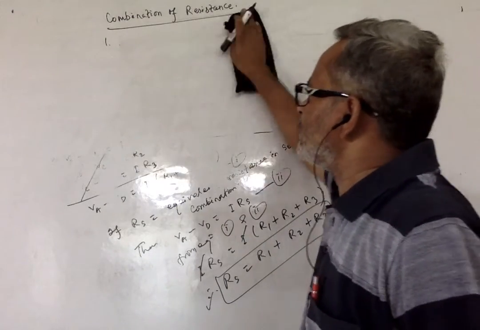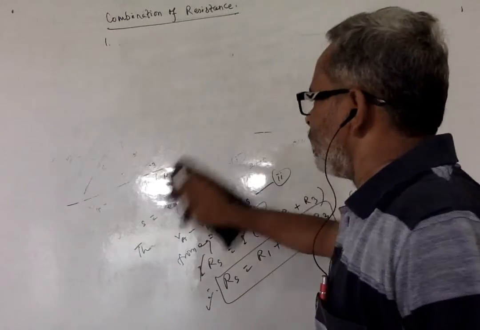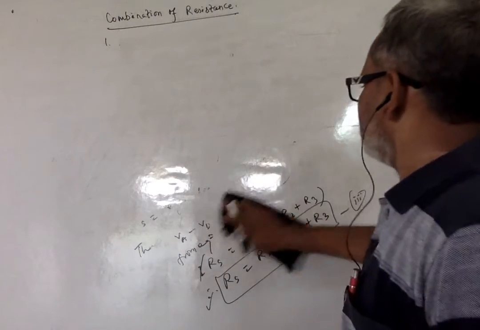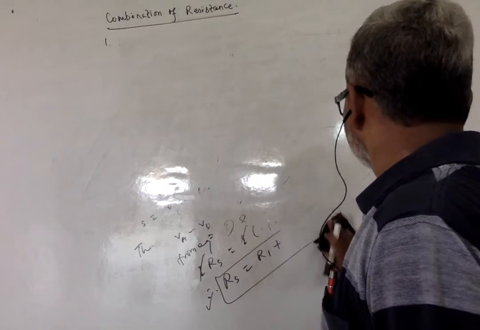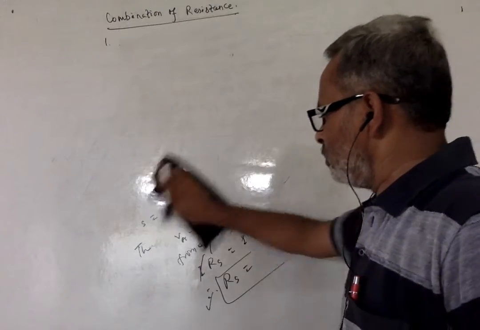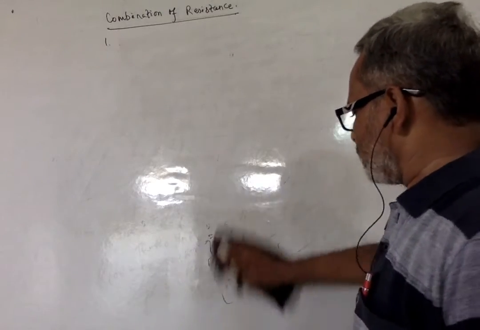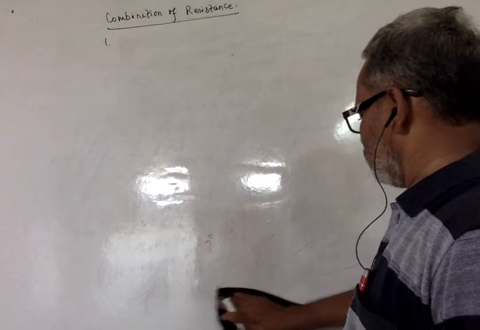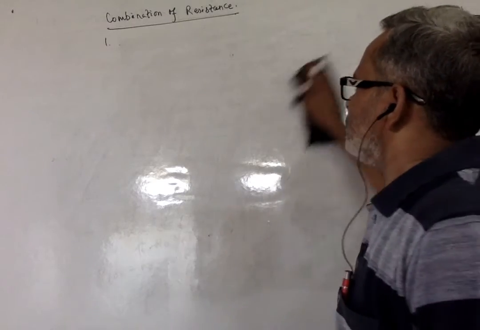In series combination, we get larger, maximum resistance, and parallel combination is used for obtaining minimum resistance.